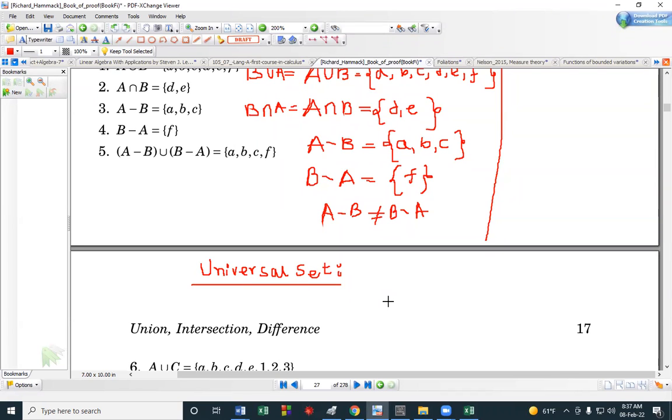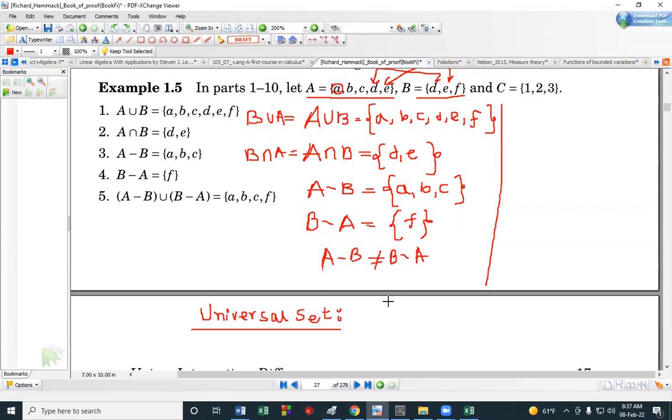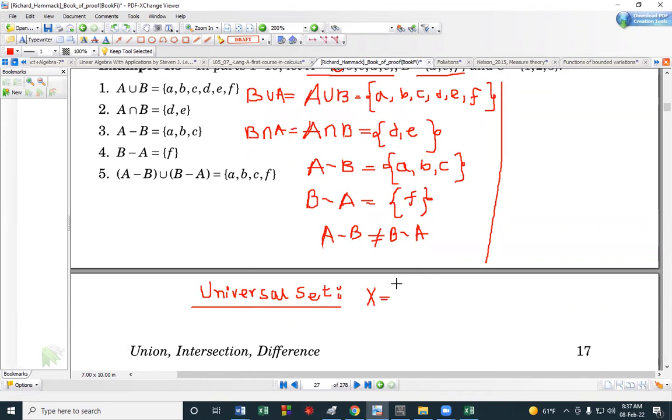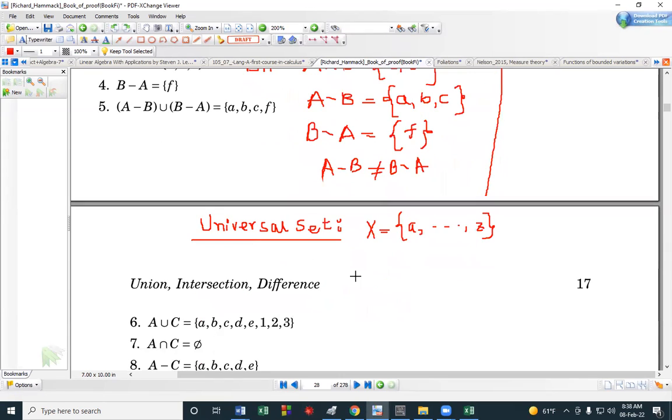So for example, if we are considering the sets of letters, English alphabets, the universal set would be the collection of all English letters, from A up to Z. If we talk about natural numbers, then our universal set is the aggregate of all natural numbers.